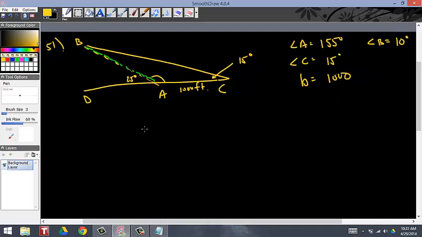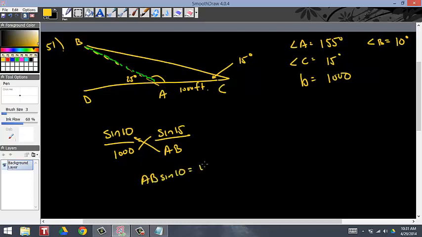So now I can use law of sines and say sine of 10 over 1,000 is equal to sine of 15 over AB. Right? AB is the green line. Are we okay with that? Max, you okay with that? Okay, so now we just cross multiply. So I get AB sine 10 equals 1,000 sine 15.